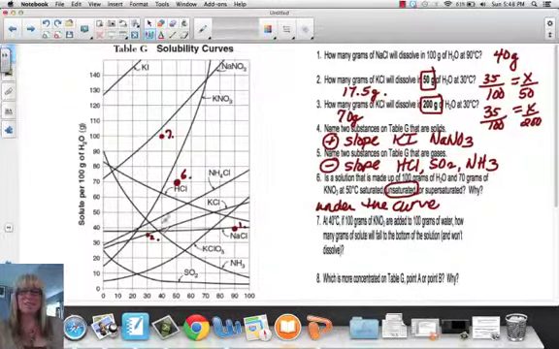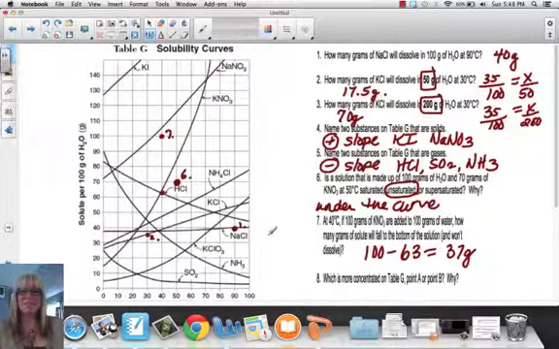KNO3 at 40 degrees can only hold about 62 or 63, and you've got 100. So if it can only hold 62, 63, then this difference from here to here is going to fall out. So 100 minus, I'd say that's probably closer to 63, is going to be 37. So 37 grams will fall out.